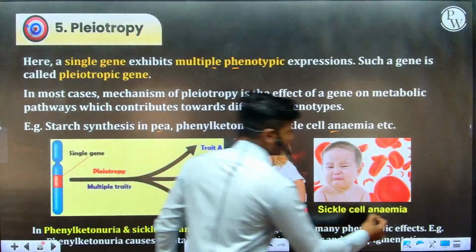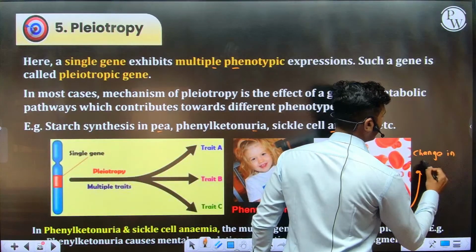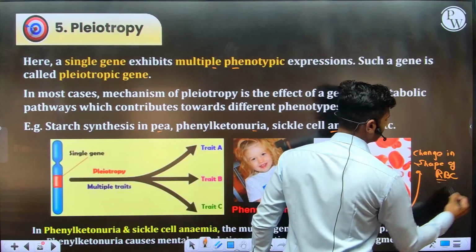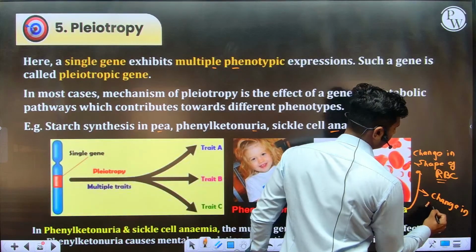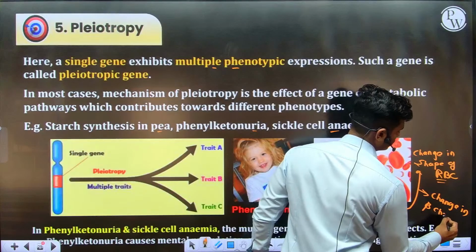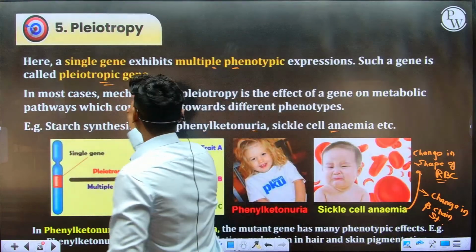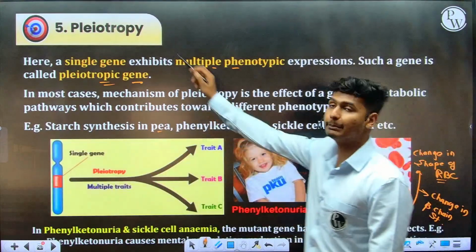One is the change in shape of RBC. Second, the change in beta chain structure. If one pleiotropic gene is responsible for changing two characters, this is known as pleiotropy.